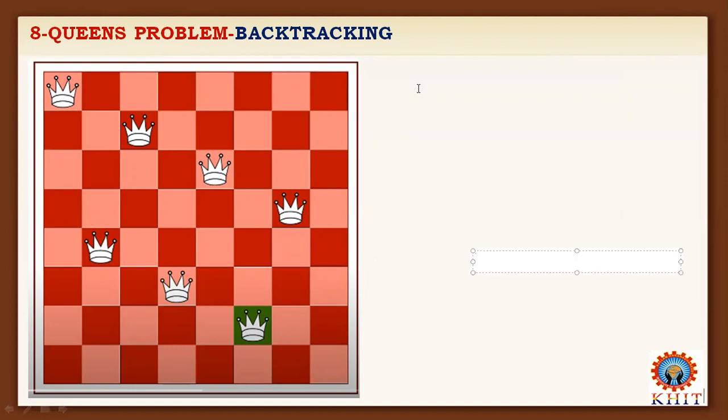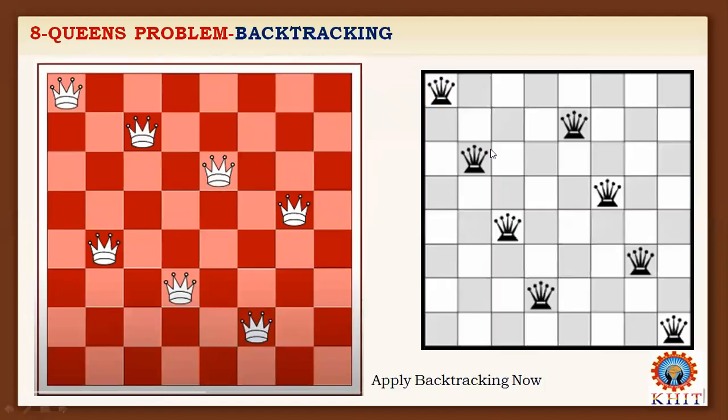Now if you clearly observe here, this is the solution for placing all 8 queens on the 8 by 8 chessboard.